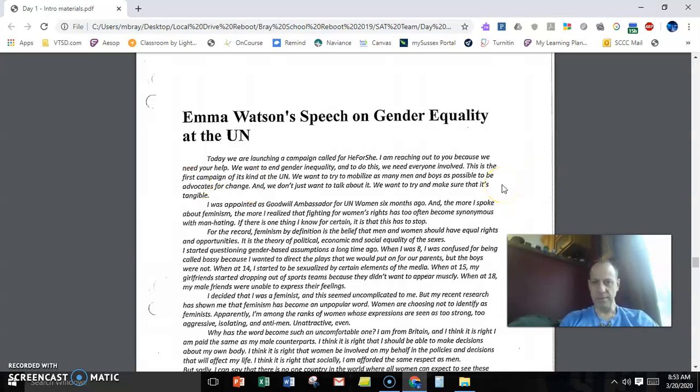So she has a definite main idea and purpose, and her purpose is to encourage them to be advocates for change. The main idea is to talk about gender equality, more specifically He for She, and the audience is the UN, but more specifically men.